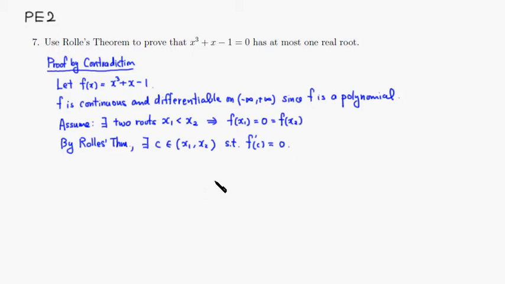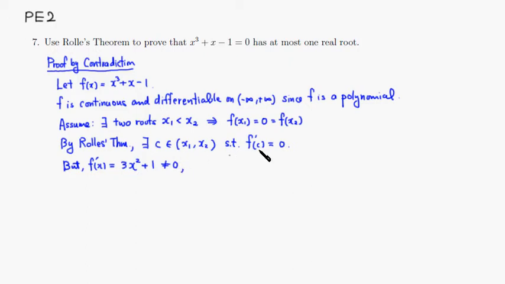But there's a problem with that, because look at the derivative of this function. If you take the derivative, you get 3x squared plus 1. This is actually at least 1, because x squared is non-negative and you're adding 1. So this is never 0.